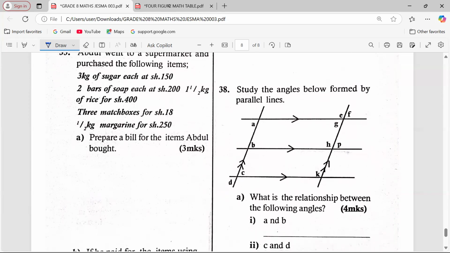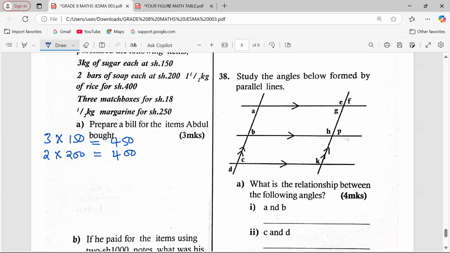So he's beginning with 3 for sugar, multiplied by 150 each. This is 450 shillings. Then 2 bars of soap, each at 200. This is 400.